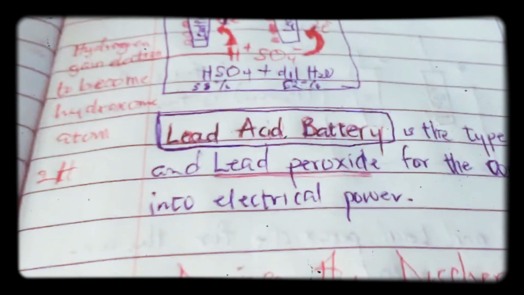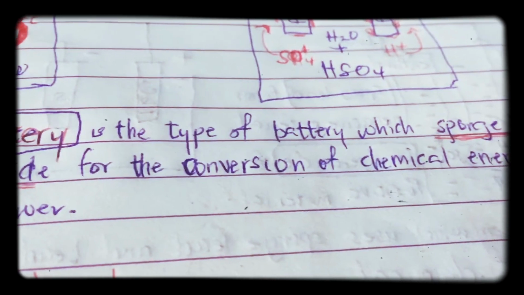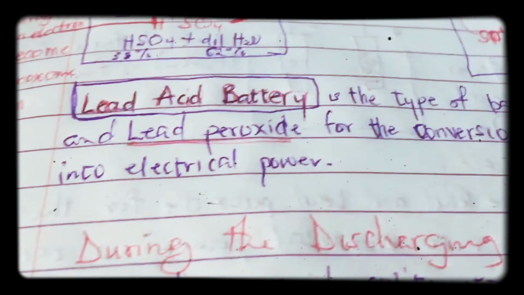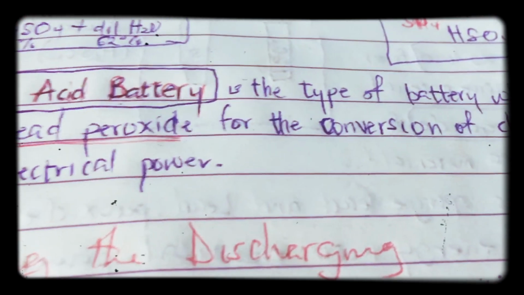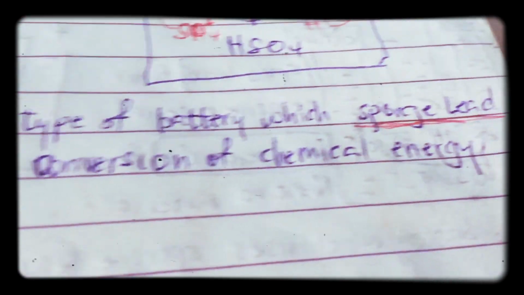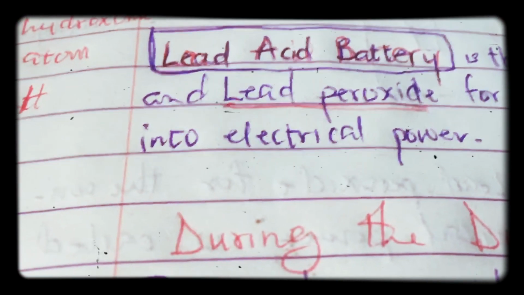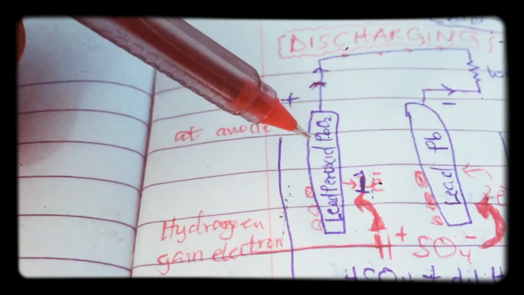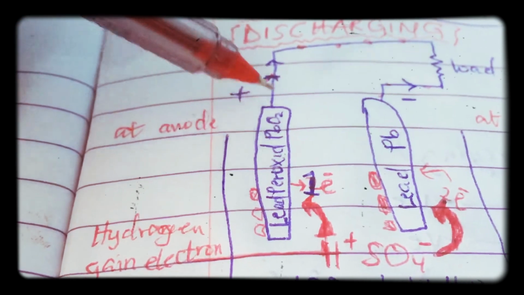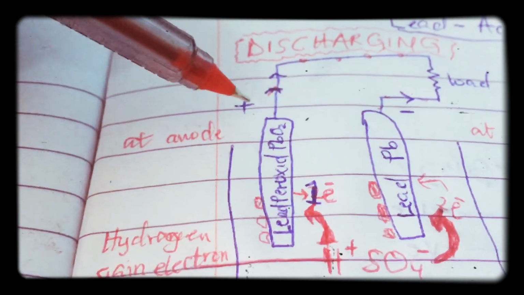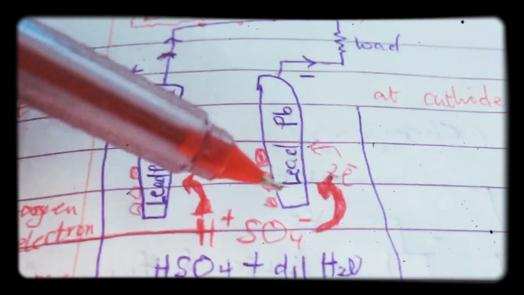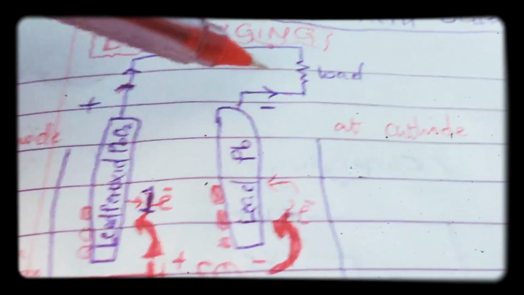A lead acid battery is a type of battery which uses sponge lead and lead peroxide for the conversion of chemical energy to electric power. Because it is a lead acid battery, it contains lead peroxide at the anode, which is the positive, and sponge lead at the cathode, which is the negative.